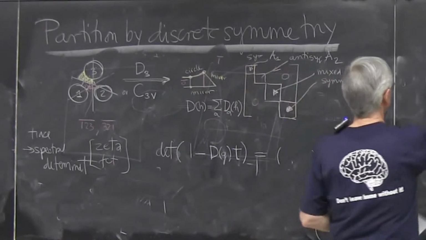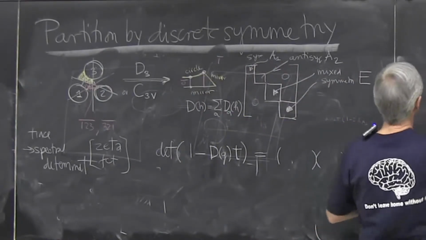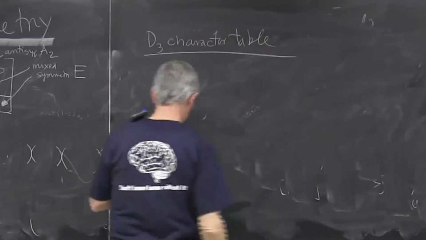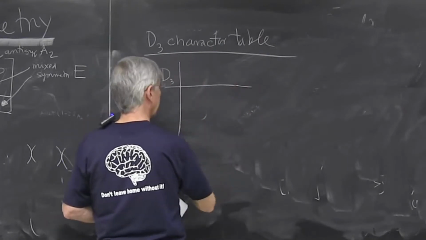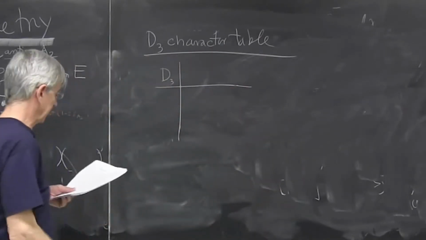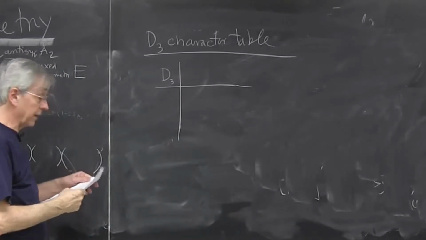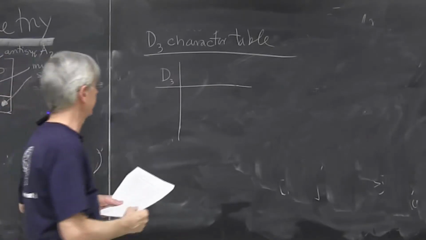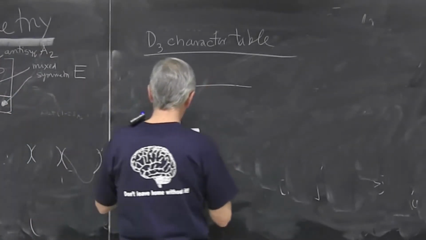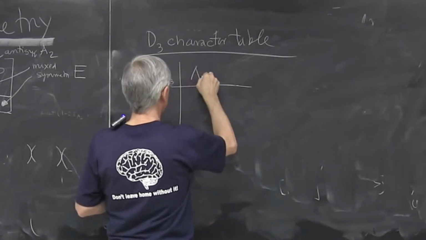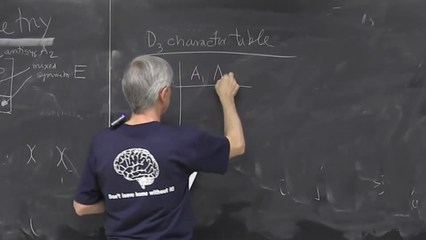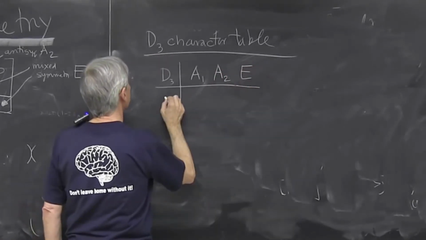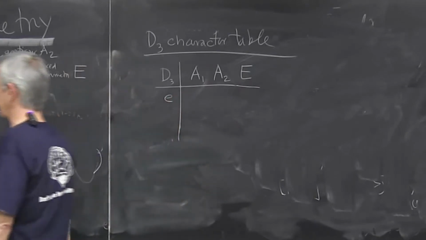And then we need characters. Here is a D3 character table. So, any book on group theory, or any chemistry book on quantum mechanics will have this, because these guys are masters, they really need it. So D3 has 3 representations: symmetric, antisymmetric, and mixed. And it has 3 kinds of group elements. There is the identity that does nothing.